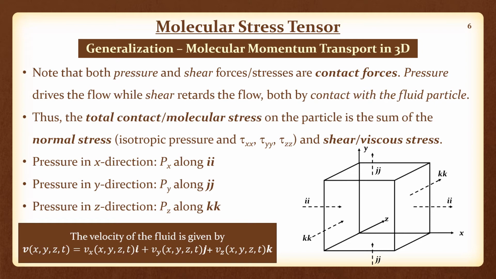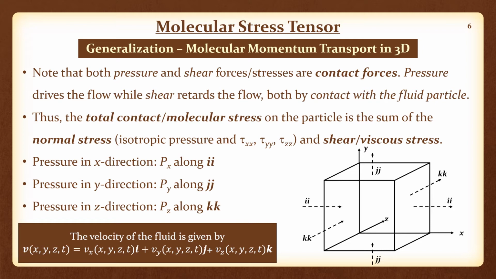So taken together, if one were to add these pressure terms along with the shear stress terms as well, you would get a total stress that comes from contact, right? That comes from contact, and contact between what? Contact between molecules or contact between fluid particles. And therefore this total contact stress is often also called molecular stress.